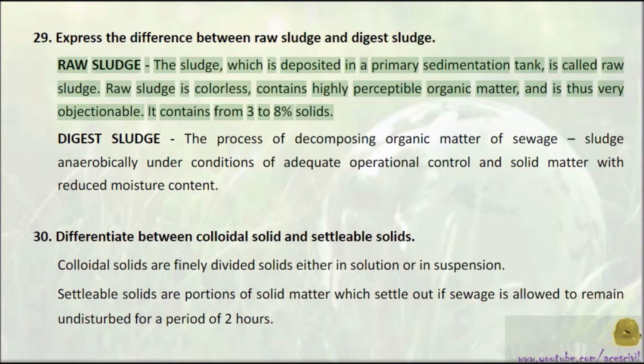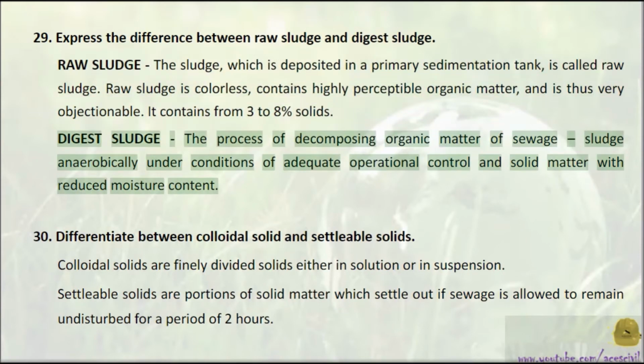It contains from 3 to 8% solids. Digested sludge: the process of decomposing organic matter of sewage sludge anaerobically under conditions of adequate operational control, giving solid matter with reduced moisture content.